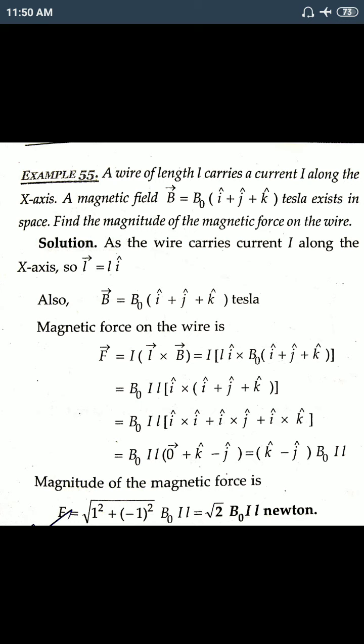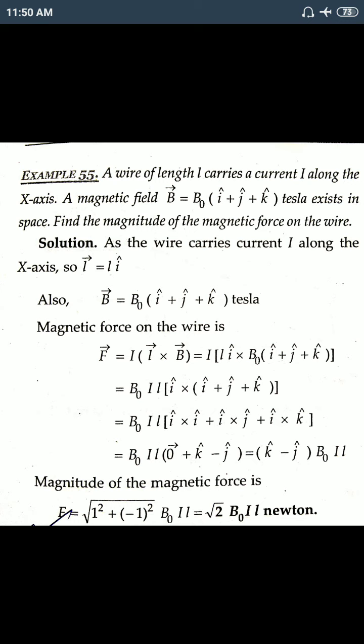Now in place of B we put this expression. I into L vector: because the current is along the x-axis, it is i hat, and any vector quantity is represented by its magnitude as well as its direction. So in place of L vector we can write L into i hat. L represents the magnitude, and i hat gives us the direction of the L vector.